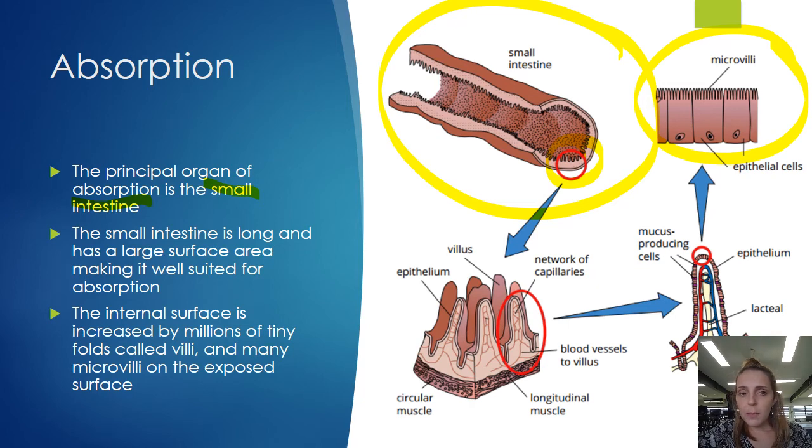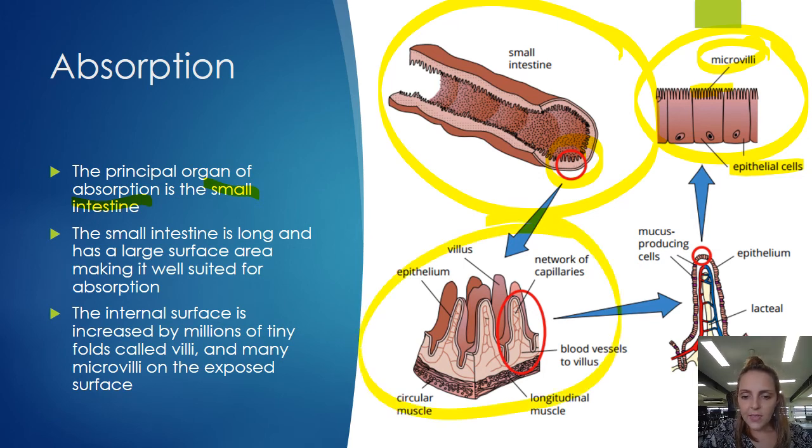Now, you would have remembered from lesson 2 these epithelial cells, and they contain microvilli on the top, little hair-like projections. If we look more closely at that, you can see that it's much like what we looked at with our respiratory structures, where you have a network of capillaries and blood supply.